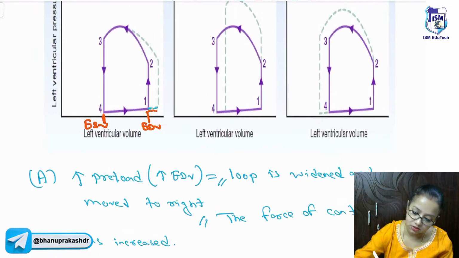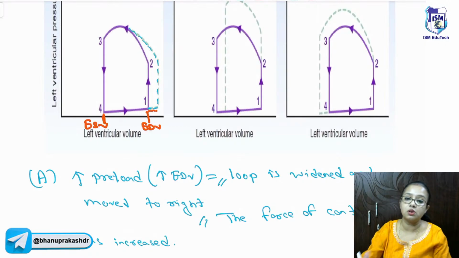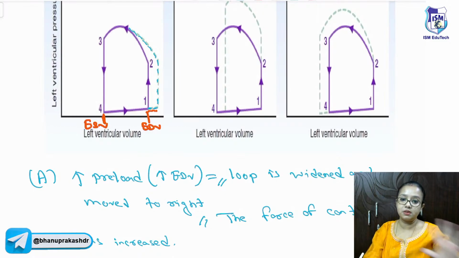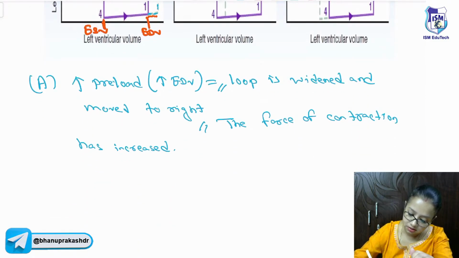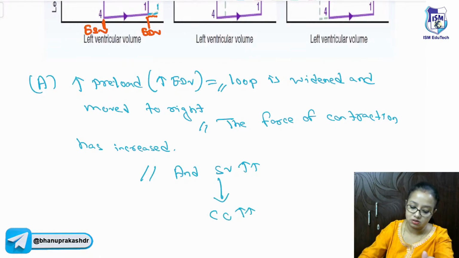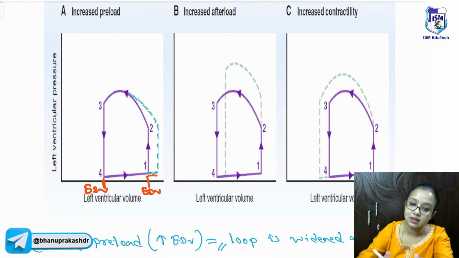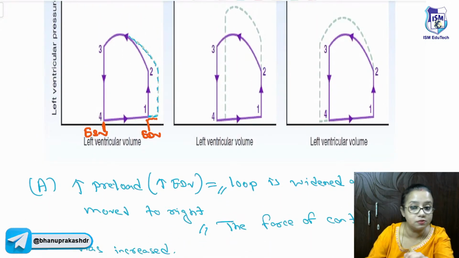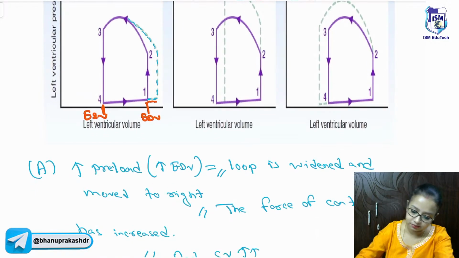Here you see the force of contraction has increased and more blood has been pumped into the periphery and stroke volume increased. So obviously the cardiac output also increased. So this is like the direct example or depiction of the Frank-Starling law with no other abnormality in it.